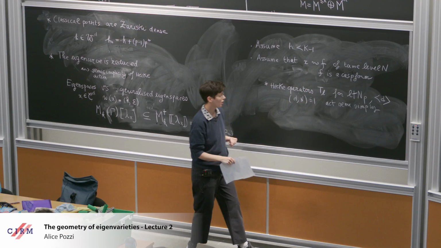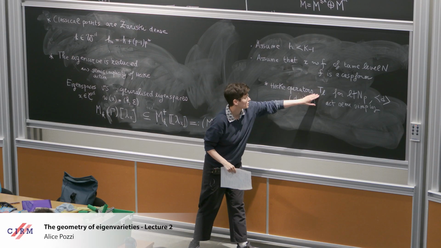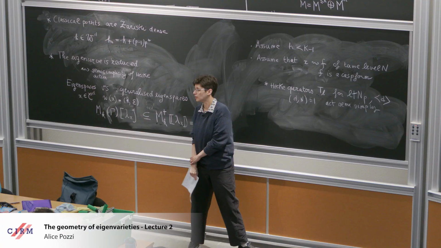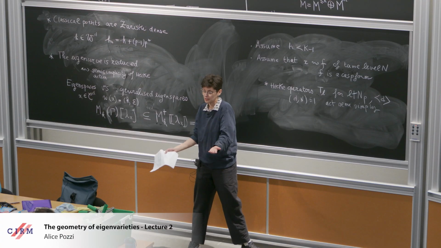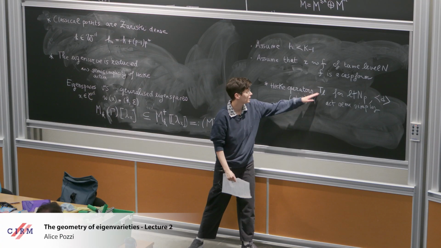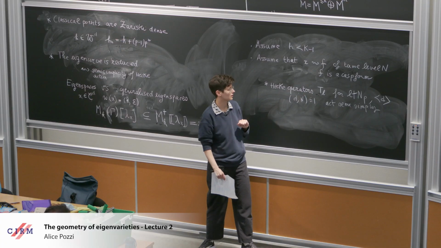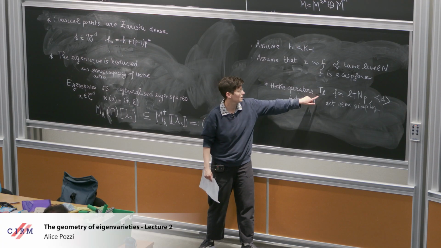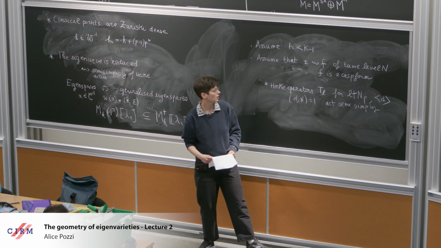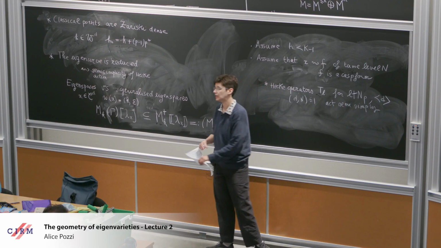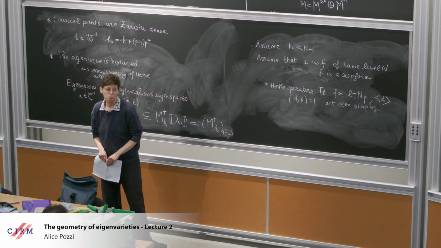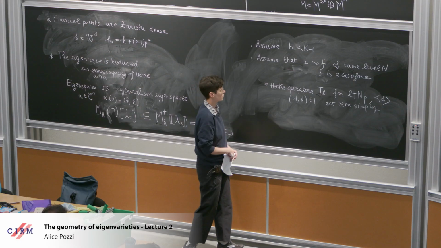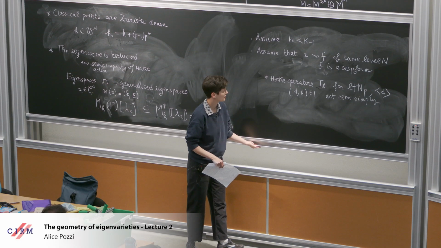This is not hard to show. This is because you can use the Petersson product on the classical space of modular forms, and these operators in this setup, as I'm taking l to not divide the level, are normal, which implies that the action is semi-simple.